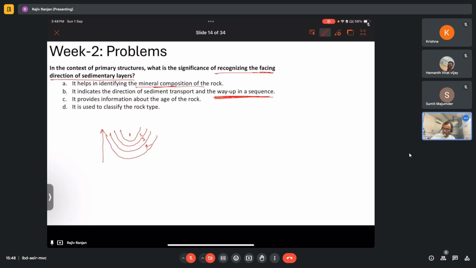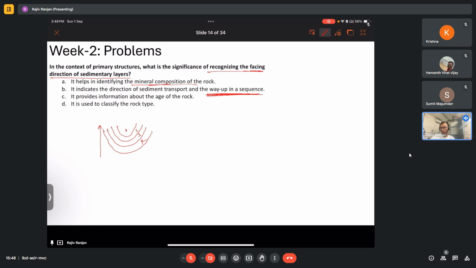If you have primary structures, such as mud cracks or cross bedding, suppose you have a cross bedding. So this is a bed, and this is a cross bedding.